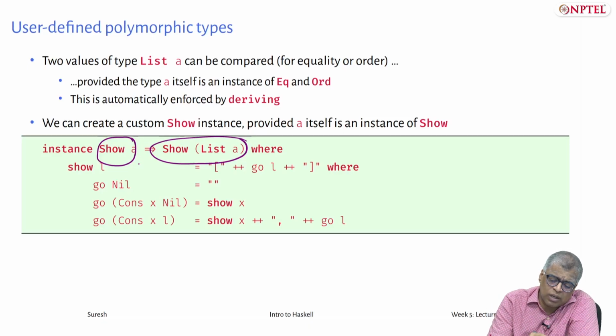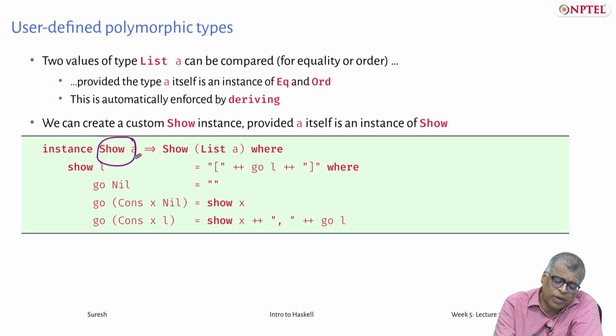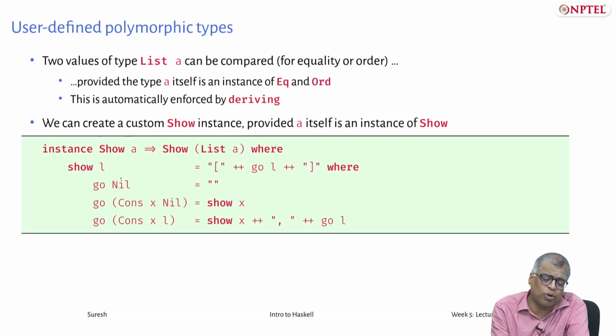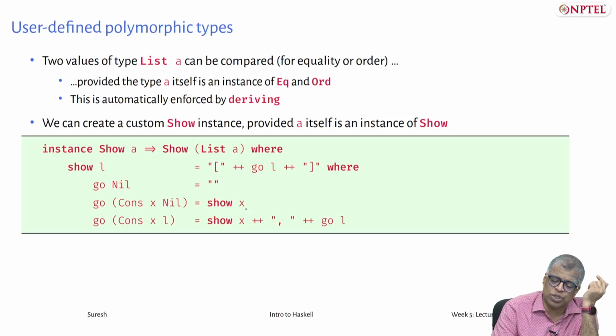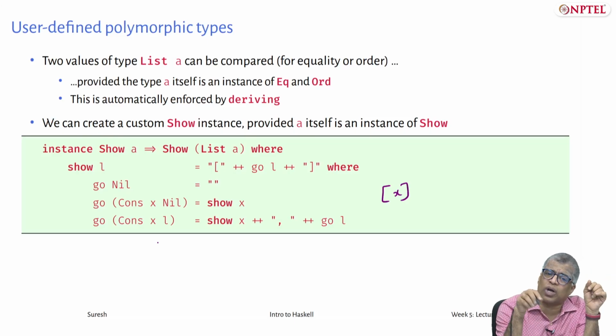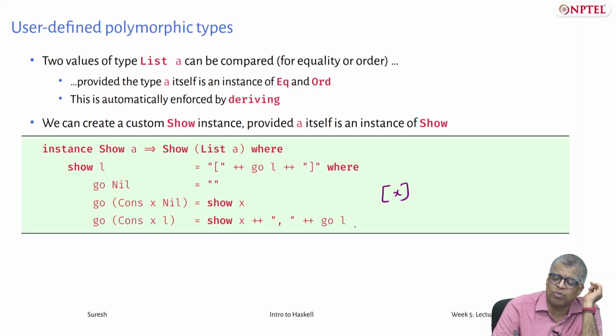And here is the simplest show implementation that you have. You will say show L is a left bracket plus plus go L plus plus a right bracket, and then go nil is the empty string. Go cons x nil, if it's the singleton list, you just show x. Or if it's multiple elements, you show x, you put a comma and a space and then you print the rest of the list, okay.